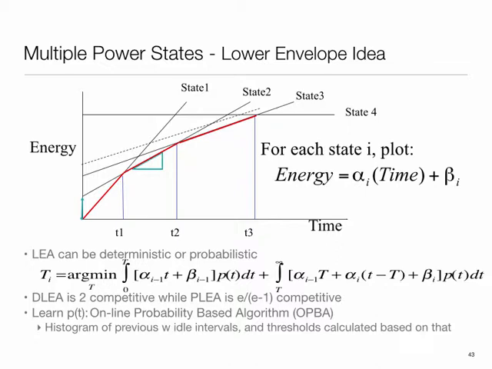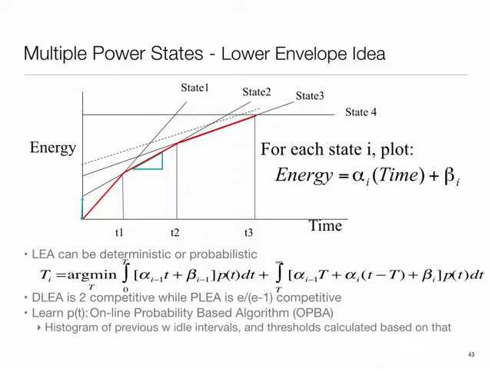The sharper the slope, the higher the power being consumed in that state. One more thing: the intercept says something about the cost, because if I am transitioning into a lower power state, there's going to be a round trip cost, so I have to pay some additional overhead.